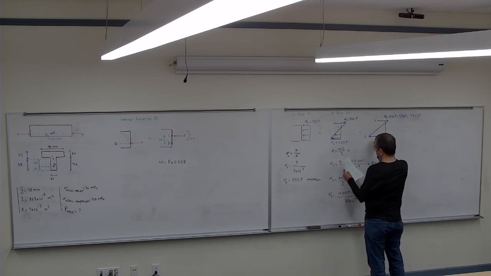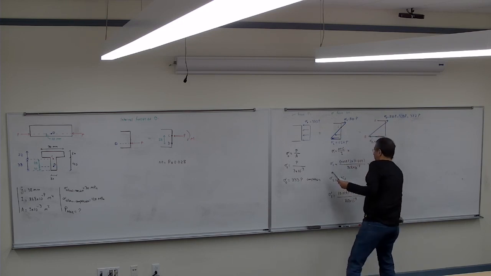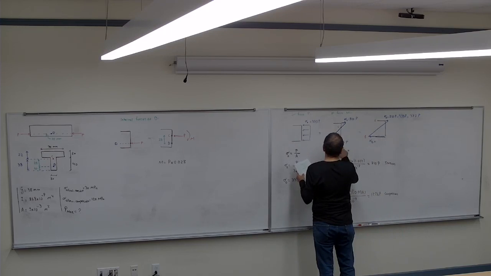And here is going to be the sigma at B, and this is going to be negative, so I'm going to put the negative here.